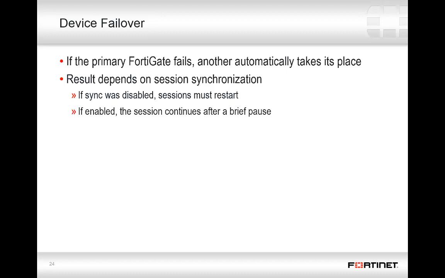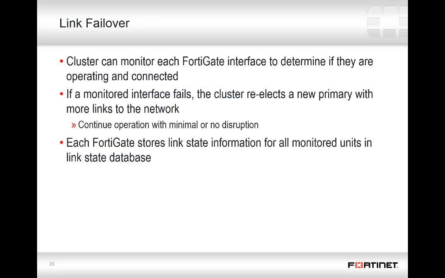If session synchronization is enabled, the download would momentarily pause while the failover happened and then continue normally. When you notice this kind of failure, you should replace the failed FortiGate as soon as possible. If an interface on the primary is unplugged, the FortiGate can use port monitoring to detect this and remove itself from the HA cluster. With this kind of failover, check for a loose or disconnected cable first.